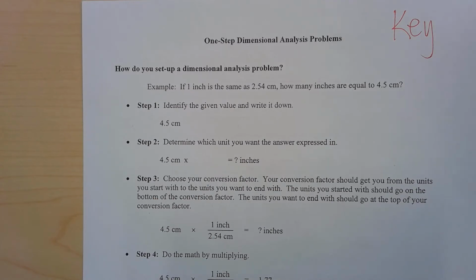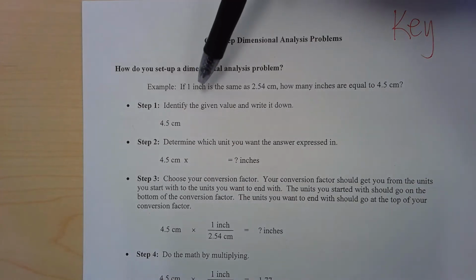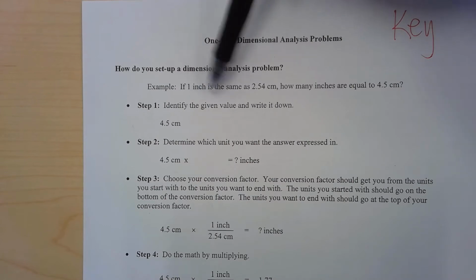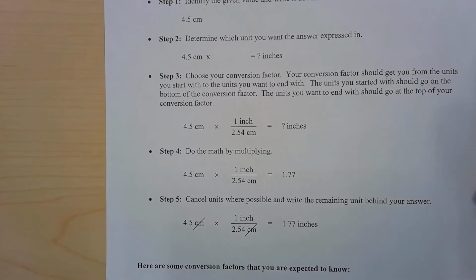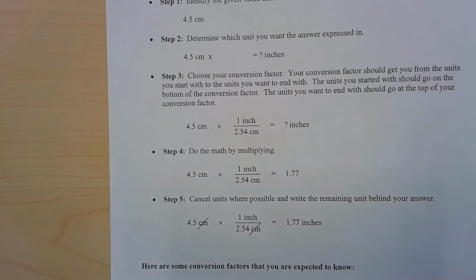Step 3 here is to choose your conversion factor. The conversion factor is given to you in the problem as 1 inch is the same as 2.54 centimeters. So you place that here in the middle, and you do the math by multiplying 4.5 centimeters by 1 inch over 2.54 centimeters equals 1.77.